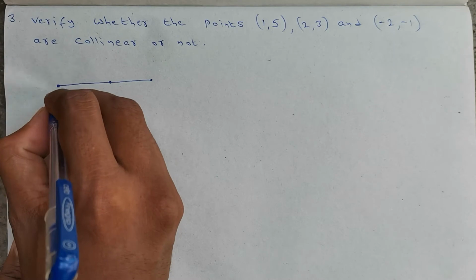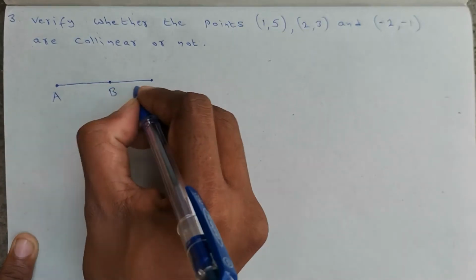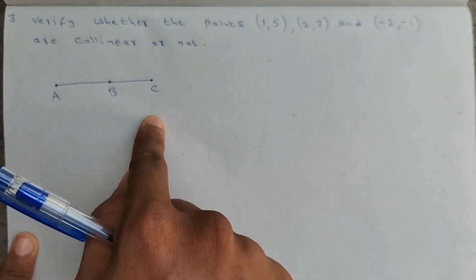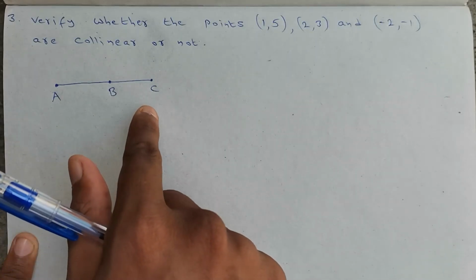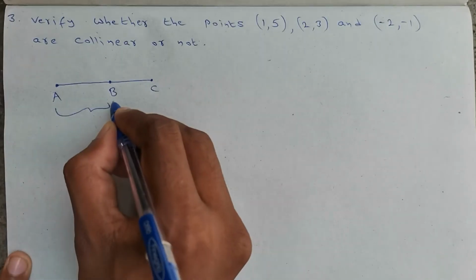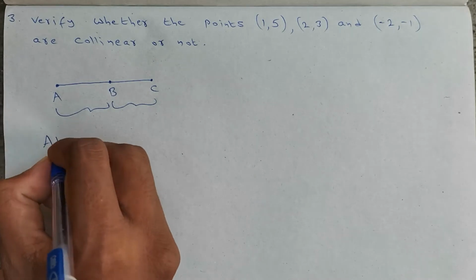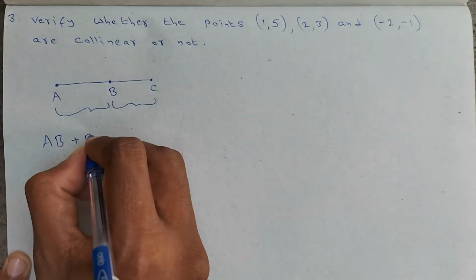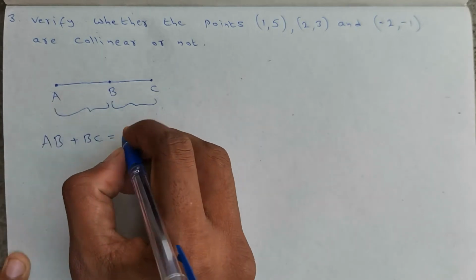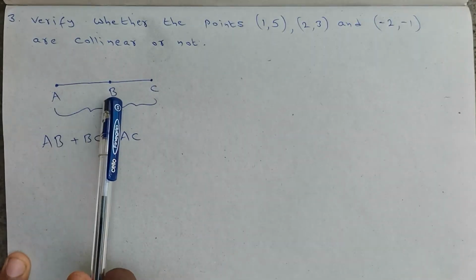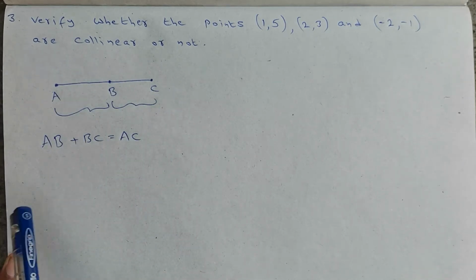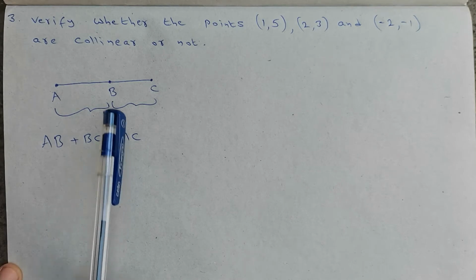For example, if the first point I am taking as A, the second point as B, the third point as C, and 3 points A, B, C are on a single straight line, then these 3 points are called collinear. So this is AB and this is BC. If we add these two, AB plus BC, this part plus this part is nothing but the total part AC.